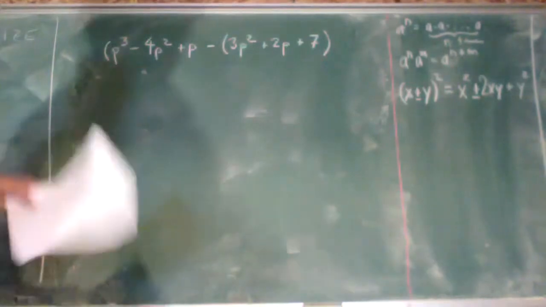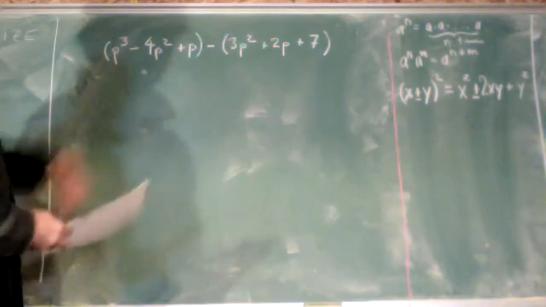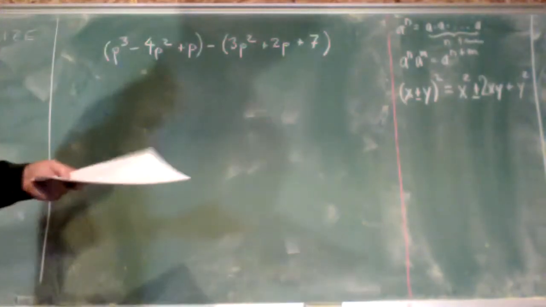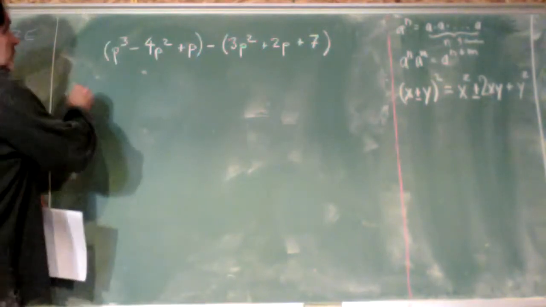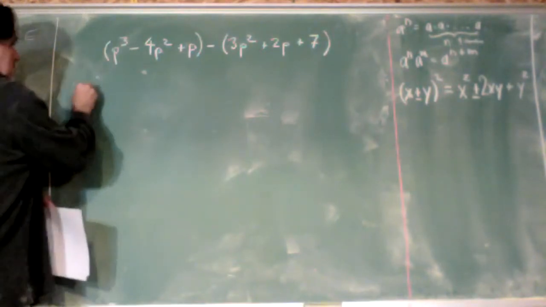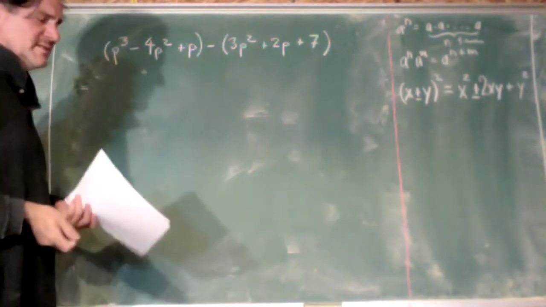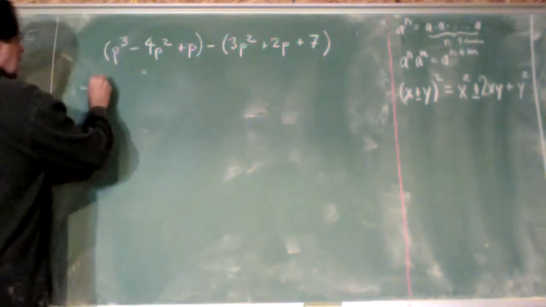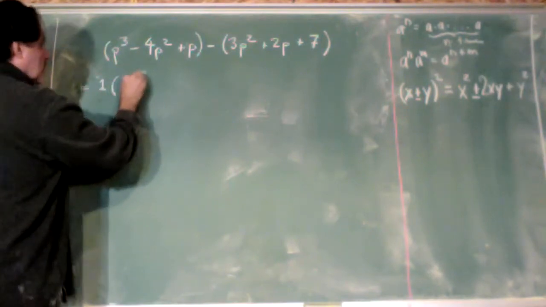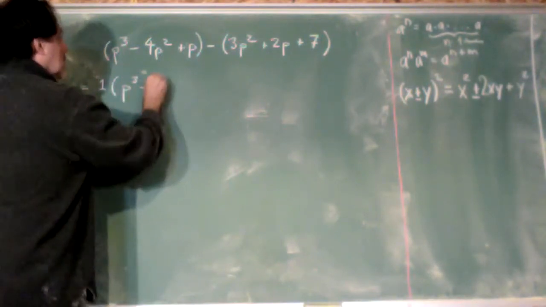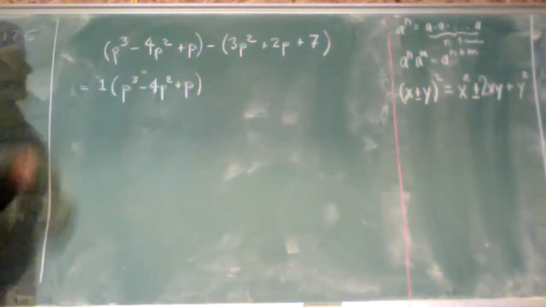Problem 7 asks us to perform the indicated operations on the given difference of two polynomials. I'm not going to read it out this time. Let's note first the sort of thing that in general we just implicitly take for granted. In some sense, there's always a 1 times out in front of a paren of this form.